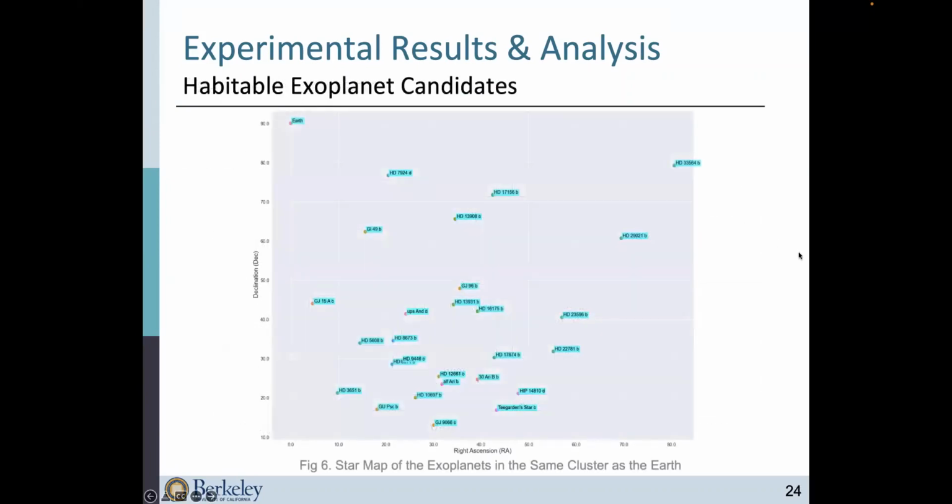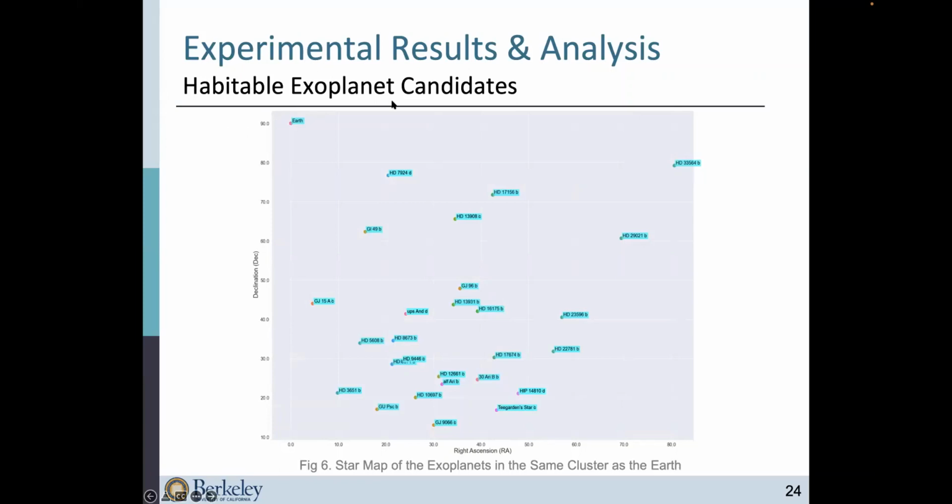For the clustering problem, we visualized the exoplanets in the same cluster as the Earth in a star map measured with right ascension RA and declination DEC. These are all confirmed exoplanets.